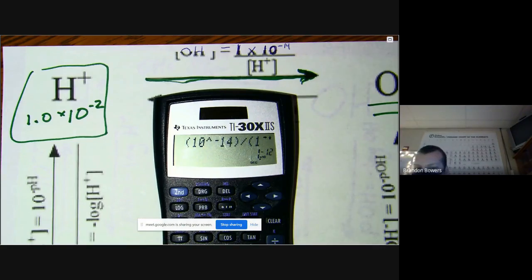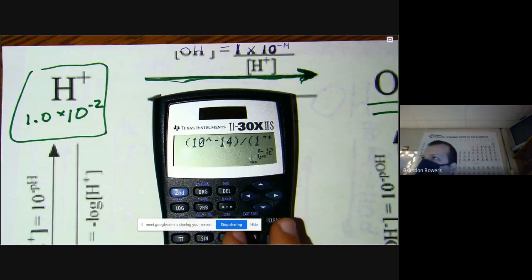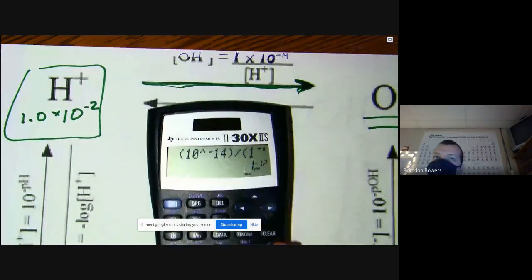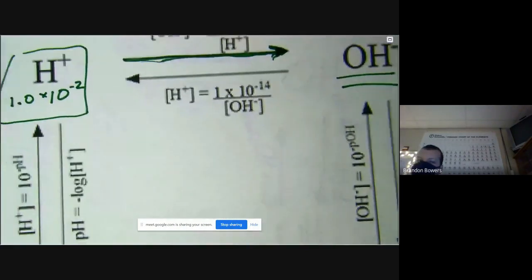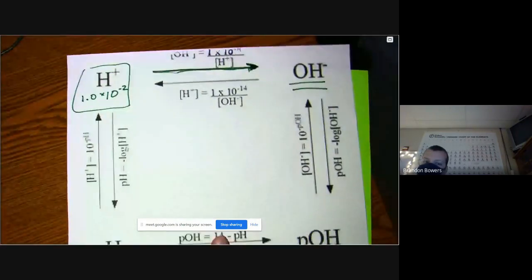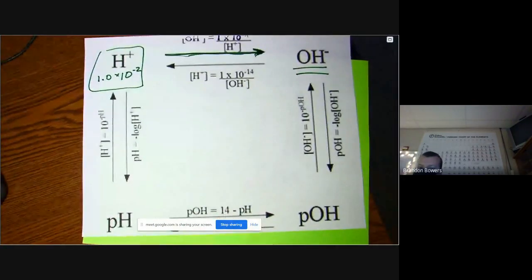Okay. Then the second question is, is this an acid or a base? How do we know that? How do we know if it's an acid or a base? What do we have to find? What will tell us if it's an acid or a base? The pH level. So what we got to do is find the pH value.